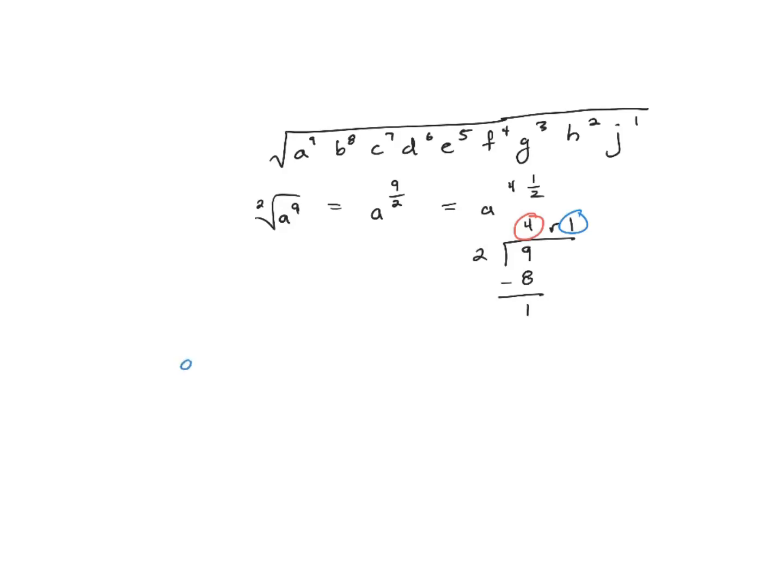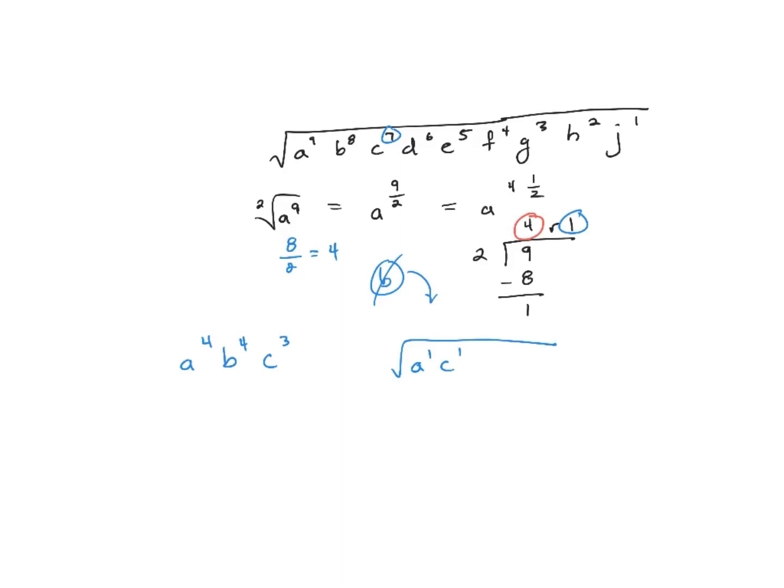I have b to the 8th, and we'll start inside the radical here, b to the 1st. Now, 8 divided by 2 is 4, so I just end up with b to the 4th, and because there's no remainder, there will not be a b on the inside of this radical. 2 goes into 7, I'm working with the c to the 7, 3 times, and we have a remainder of 1.